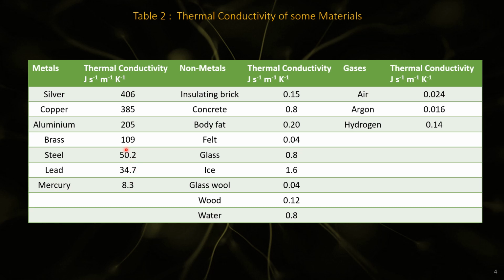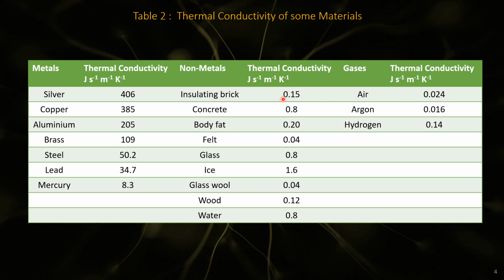So silver, copper and aluminum are very good conductors of heat, whereas brass and steel are relatively less. As compared to metals, non-metals are listed in column number 3. Non-metals like insulating brick, concrete, body fat, felt, glass, ice, glass wool, wood and water are given, and their thermal conductivities are given in joules per second per meter per Kelvin.